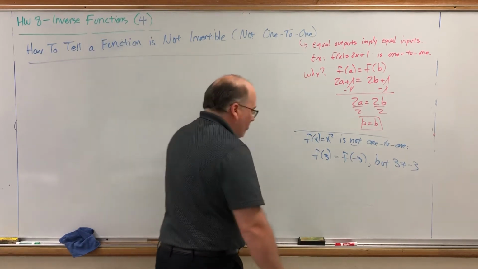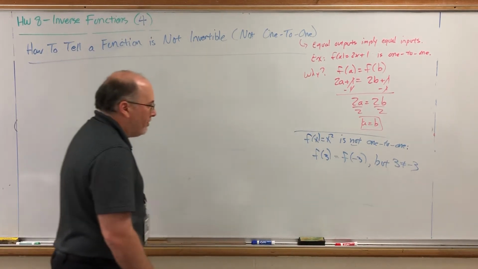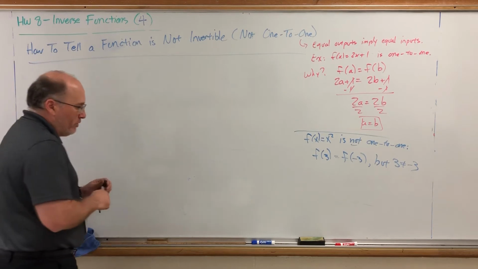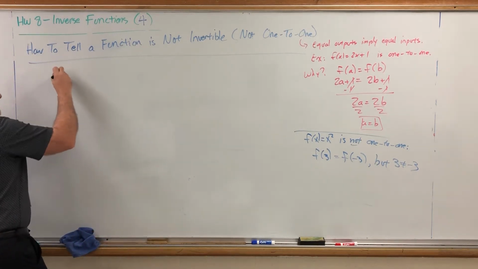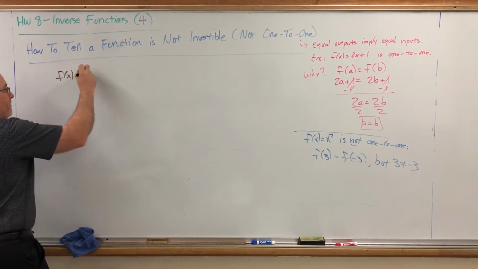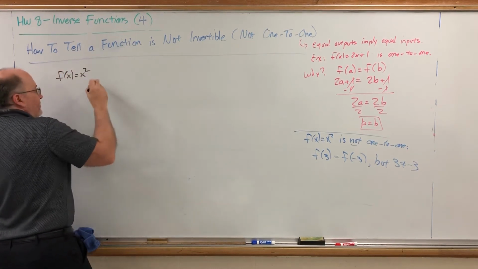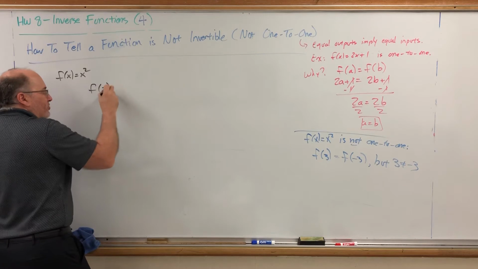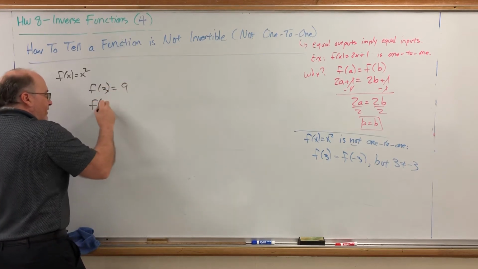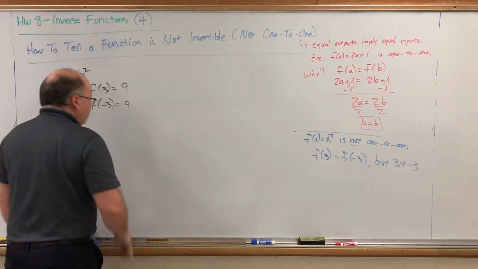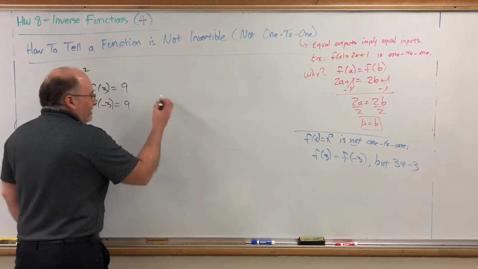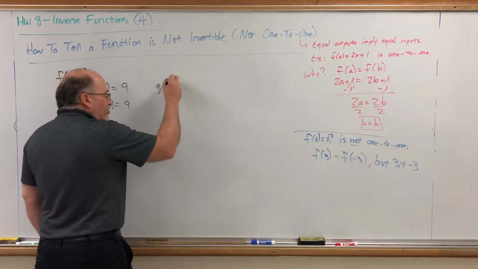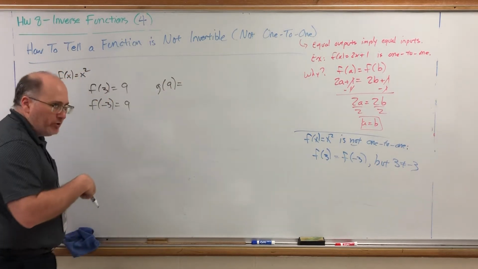So why is that so important? Well, think about what a function is supposed to do. Let's follow up on the f of x equals x squared. So we have f of 3 equals 9, and we have f of negative 3 equals 9. Well, the whole idea of an inverse function is to be able to take the answer and turn it back into the original input.